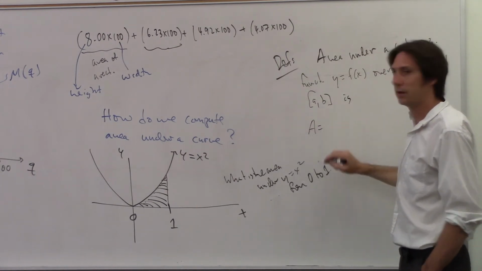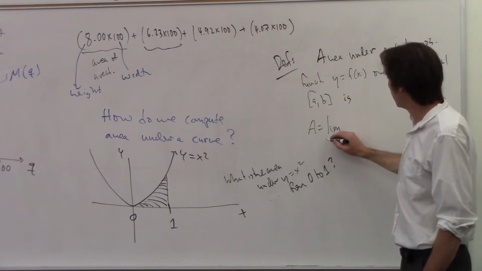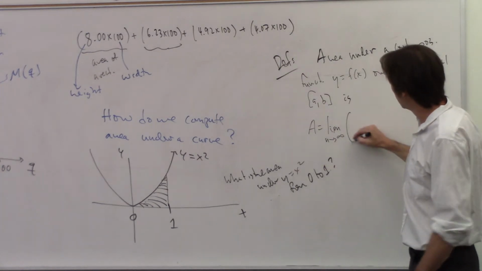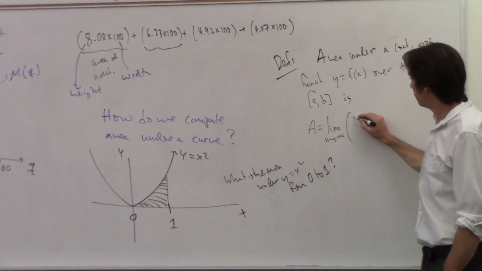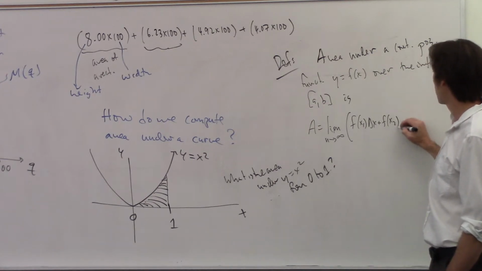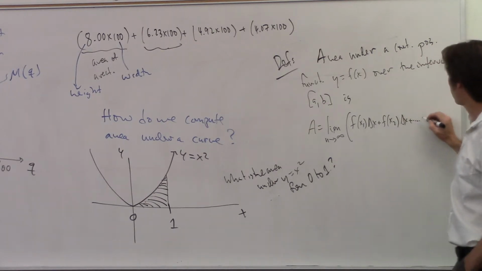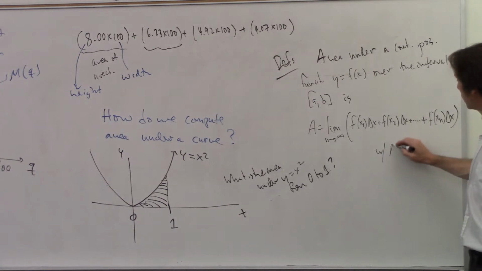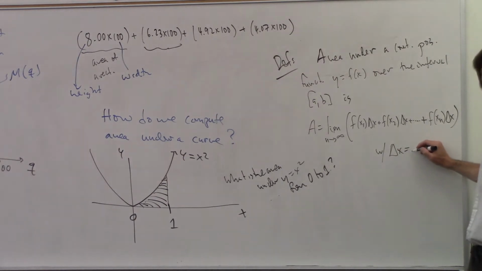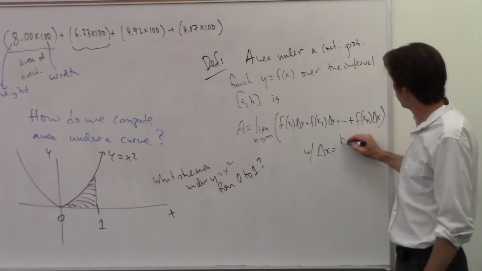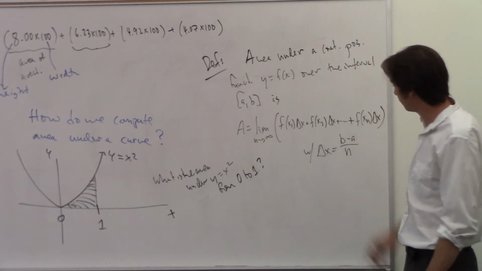They call it A, and it's the limit as n goes to infinity, where n is the number of rectangles, of f of x1 delta x plus f of x2 delta x plus et cetera, plus f of xn delta x, where delta x is the width of one of the approximating rectangles. So delta x is (b minus a) divided by n.